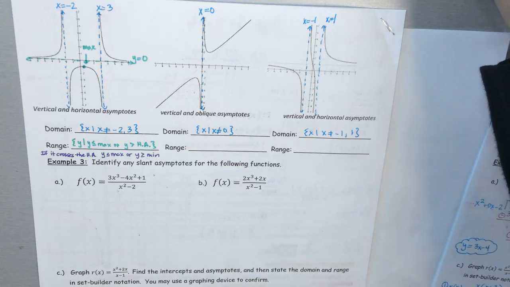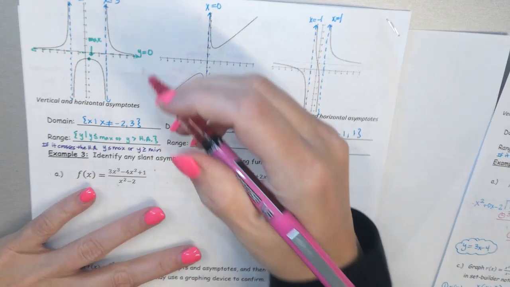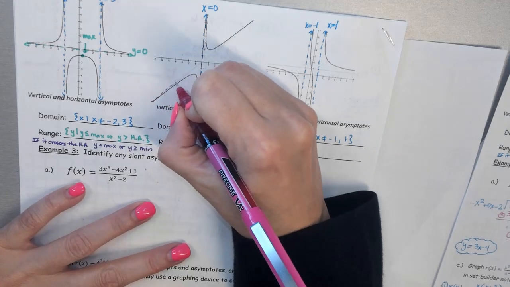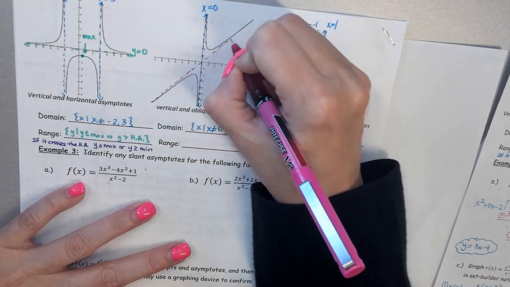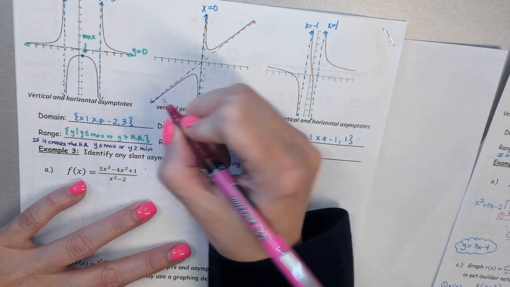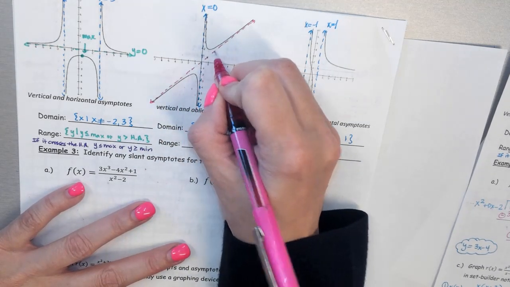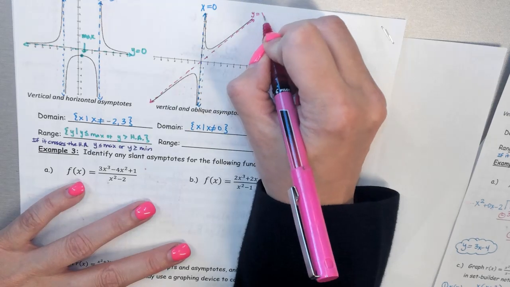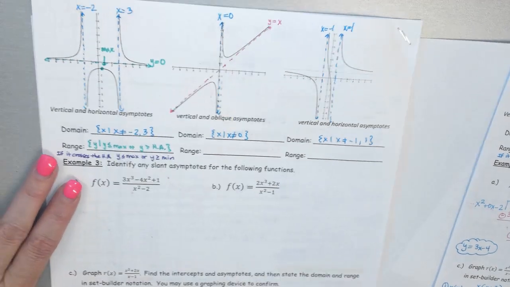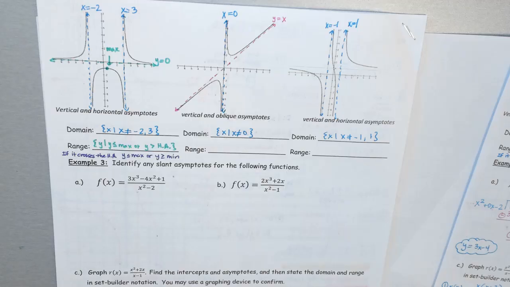Okay? All right. And then for this one, you can see the slant asymptote here. It goes through 0, 0, and then each of these points is up 1 over 1. That's the slope. So your slant asymptote is y equals x.